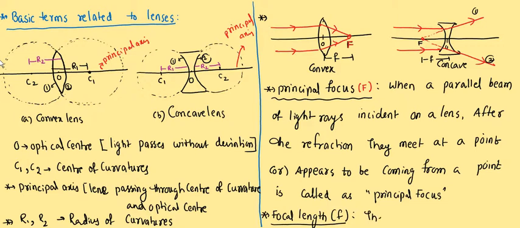It is the distance of the principal focus, capital F, from O. What is O? Optical center. The distance of the principal focus from the optical center is called the focal length. These are some basic terms related to the lenses.